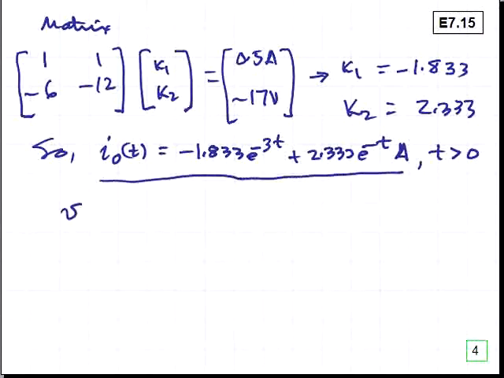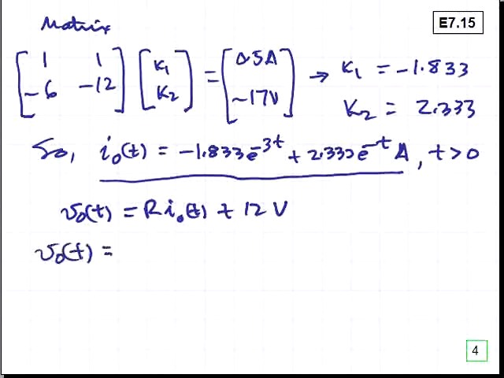And then our VO of t is equal to R times this IO of t plus 12 volts from the series 12 volt source. So VO of t will equal 18 IO of t plus 12 volts for t greater than 0.